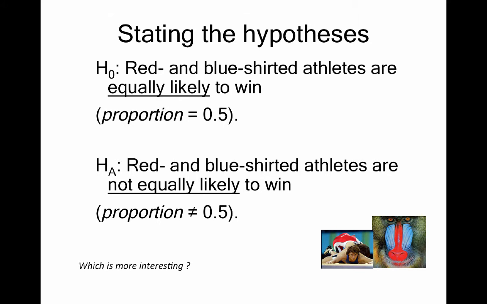So, stating the hypothesis here, we would be laying out a framework of how we expect this test to go. Our H0 would be that red and blue shirted athletes are equally likely to win, so the proportion would be 0.5. And HA would be that red and blue shirted athletes are not equally likely to win, and there was a difference in the proportion of outcomes from 0.5.